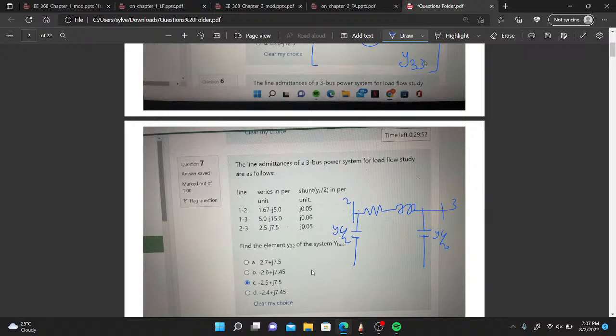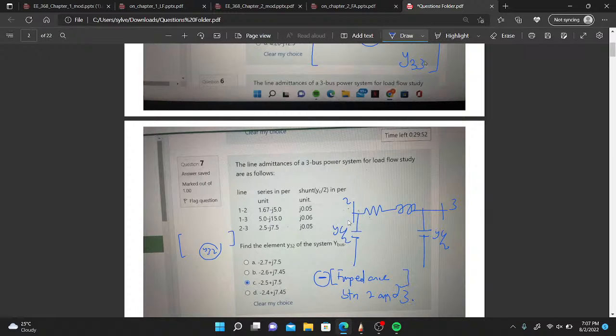What goes into position Y32 of the admittance matrix is the negative of the impedance between 2 and 3. Negative, don't forget, negative of the impedance between 2 and 3.